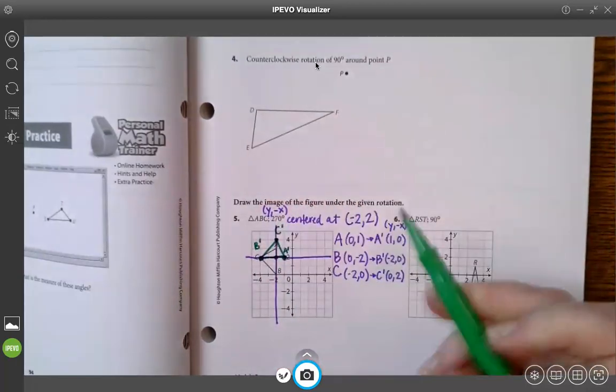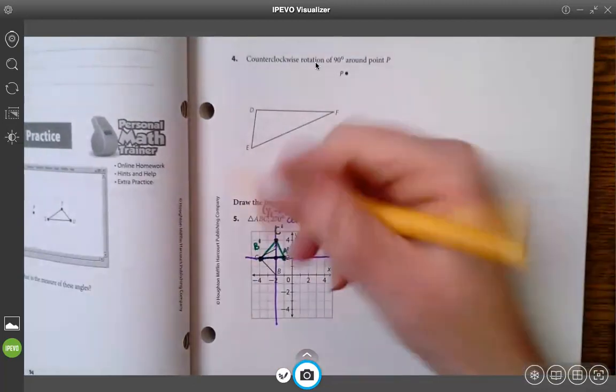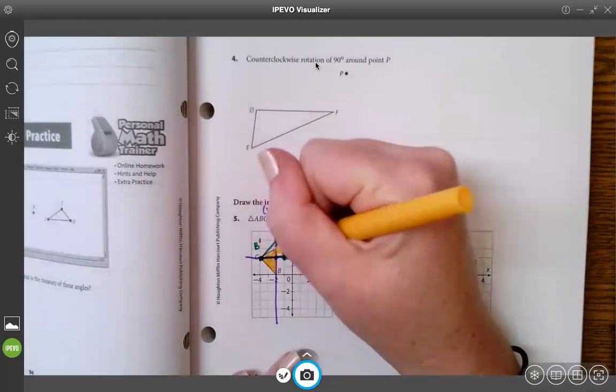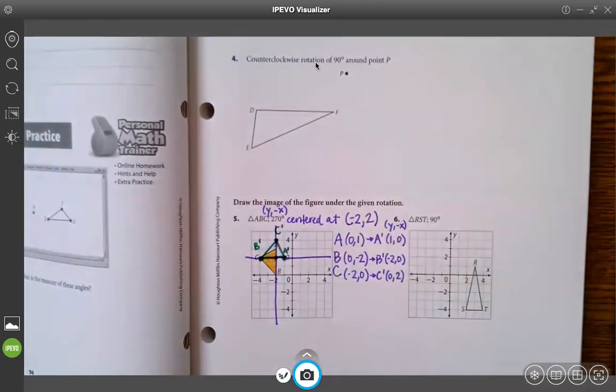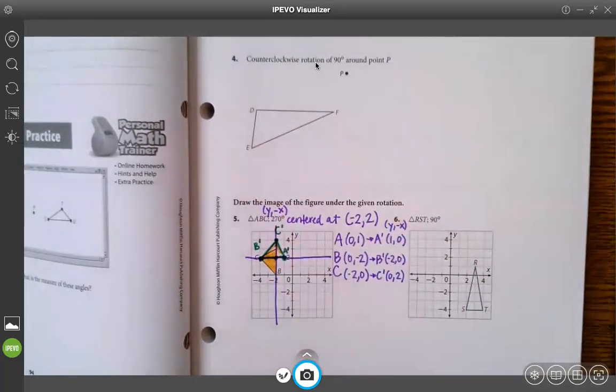So you can see we started with our figure just like that. And because we spun 270 degrees, it's almost all the way back where it came from. It actually overlaps its own pre-image.